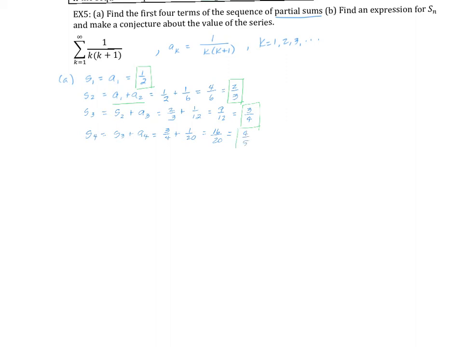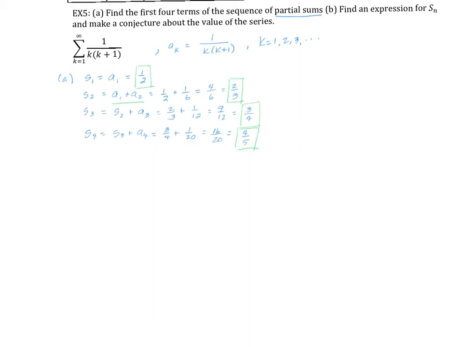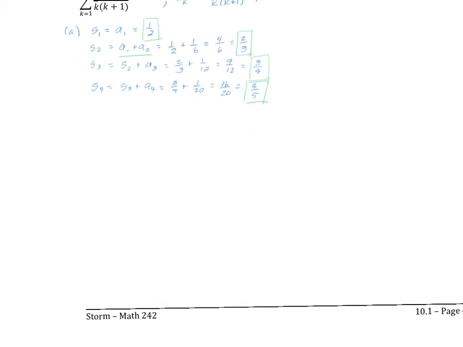So I got the first 4 terms of my sequence of partial sums. This is what my S sub n looks like: 1/2, 2/3, 3/4, 4/5, and so on.